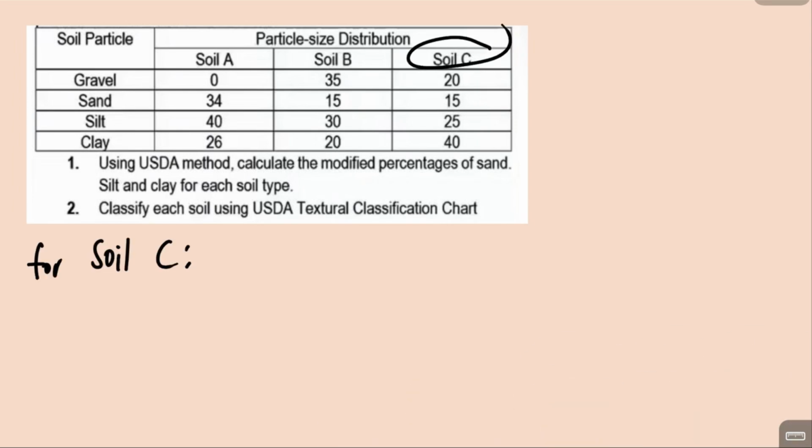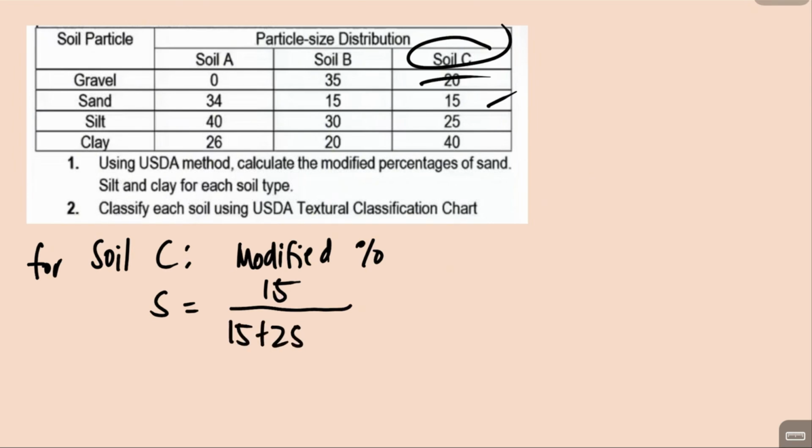Lastly, for soil C, we are to disregard first the percentage of gravel. So disregarding that, we have the modified percentage for sand. Let us calculate. For sand, we have 15 all over 15 plus 25 plus 40 times 100%.